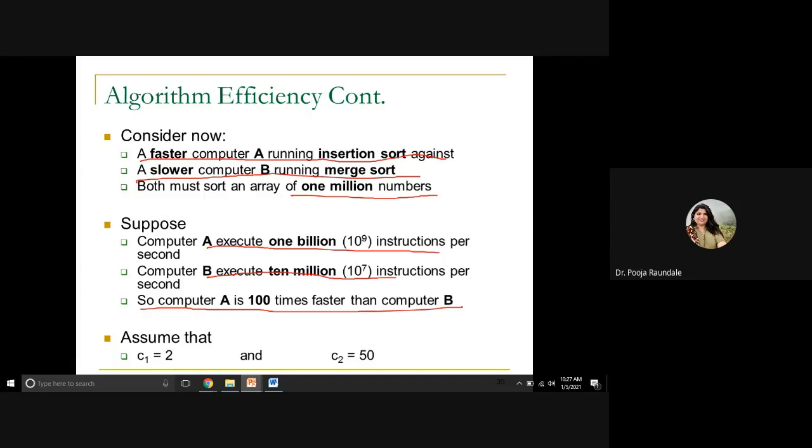So definitely your runtime will depend on how fast your computer is. So we need to have a common measure, one basis on which we can compare the codes and algorithms.